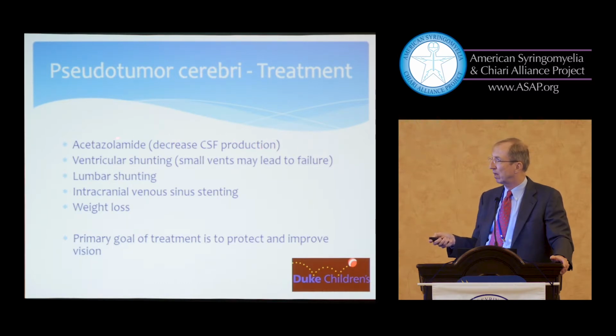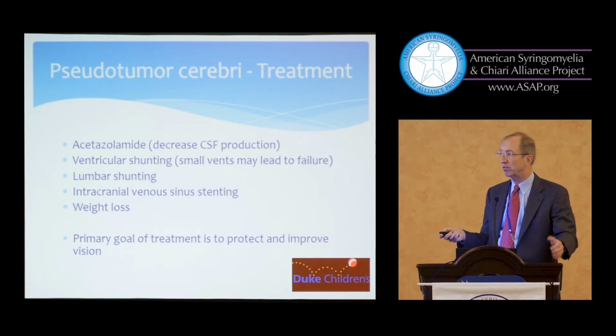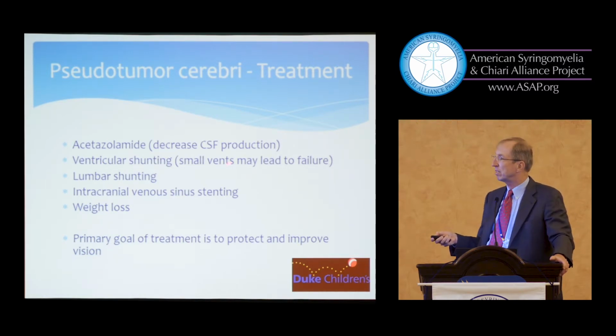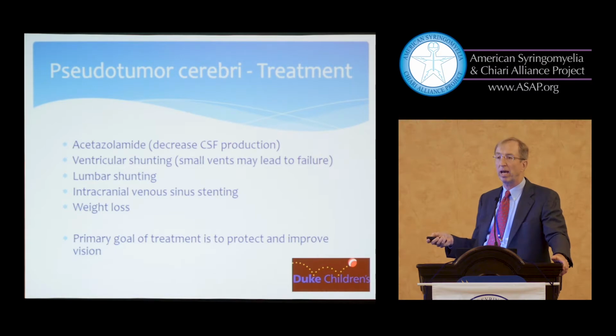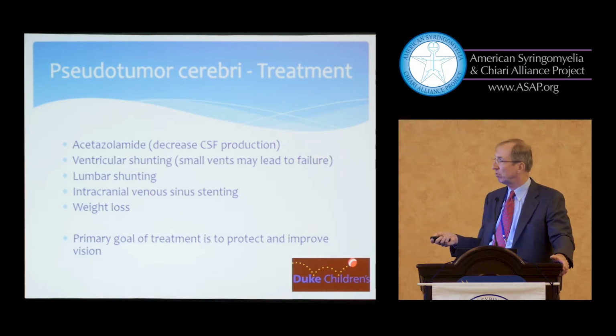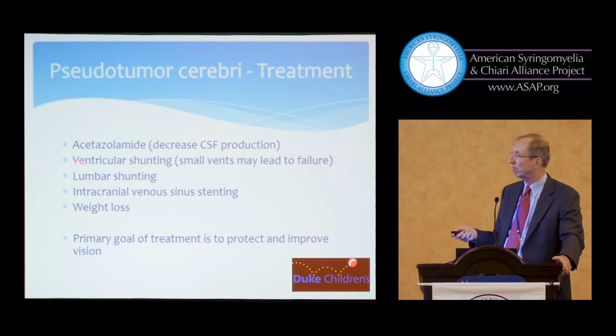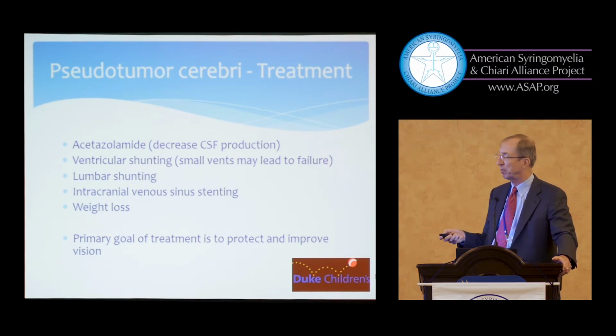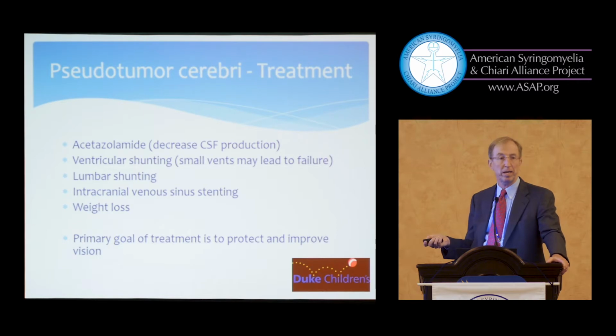The treatment of pseudotumor cerebri is medical: acetazolamide, or Diamox, which decreases CSF production and may work quite well. Ventricular shunting, again, just like we used in hydrocephalus. The problem with that is the ventricles are small, and if you drain the ventricles too much, they may collapse around the catheter and block the catheter so that you do not get any more flow. Lumbar shunting was popular because it's a bigger space.